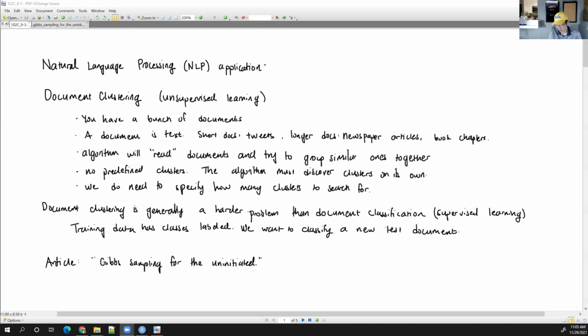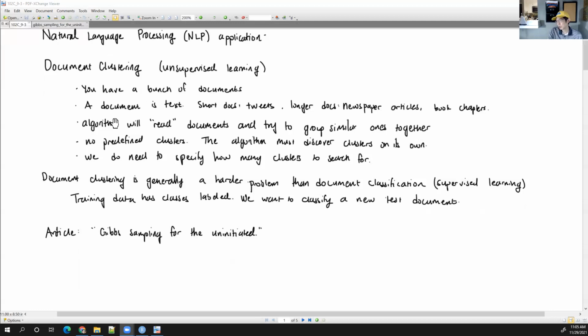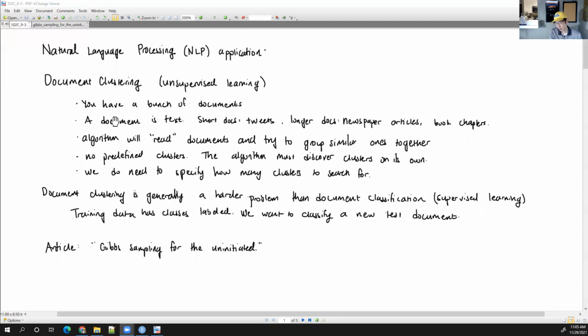Can we do this in some way, can we train a computer to do this? Even if the computer can't exactly read, can we still have the computer create different piles of documents? Okay, so basically a document is just text.